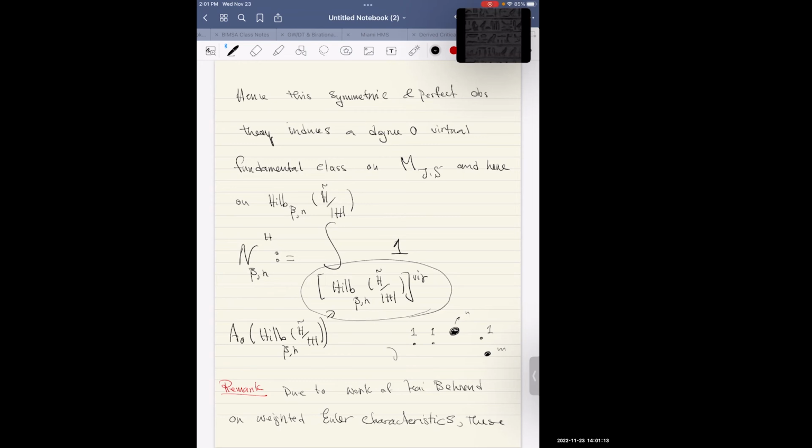Another thing that I want to say is that, as we discussed before, if this is the Joyce-Song moduli space and this is the obstruction bundle induced by the deformation obstruction complex, this obstruction bundle has a section, and this section actually meets the zero section in a bunch of points. Basically, the statement is saying that the points of intersection of the section of the obstruction bundle with the zero section are a bunch of points with their given multiplicities.